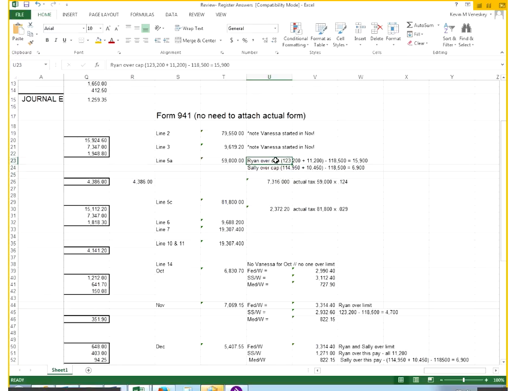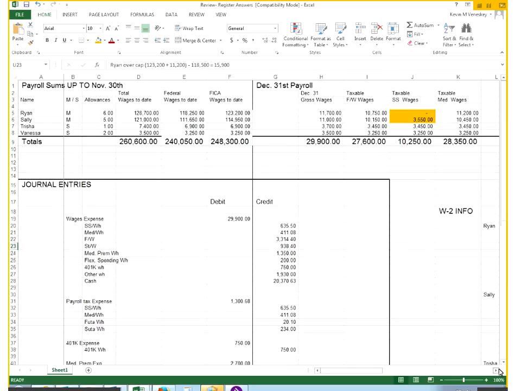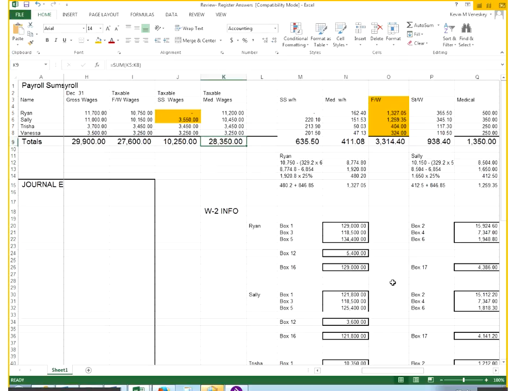is determine for each employee how much in their total Medicare wages they are over the cap. Because this FICA number here that I was using, this 28,350, that's okay to use to get a starting point, but not all 11,200 every month was taxable for Social Security, and not all 10,450 was taxable for salary every month.